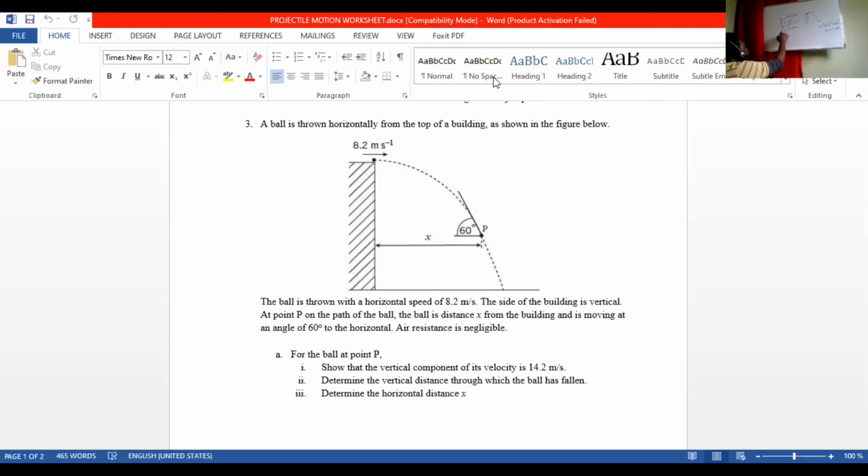All right, so we need to find x. We know that x is equal to vx t. So we have vx, but we don't have the time, so we have to find the time it takes for it to fall from the top of the building to point P.